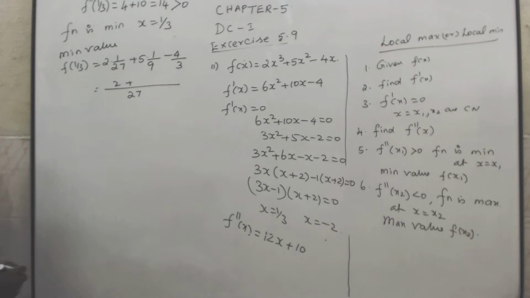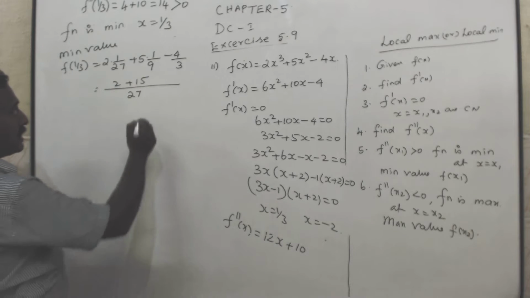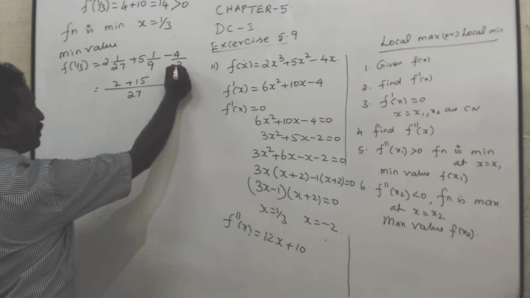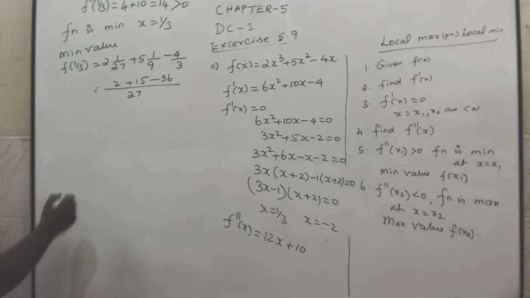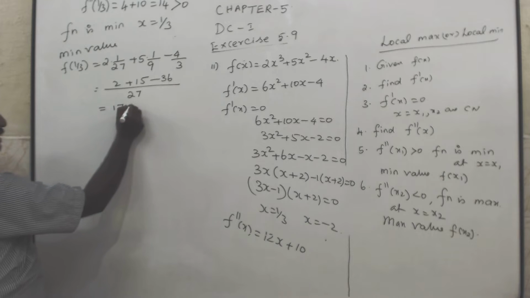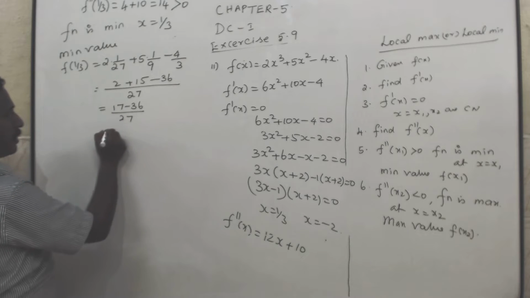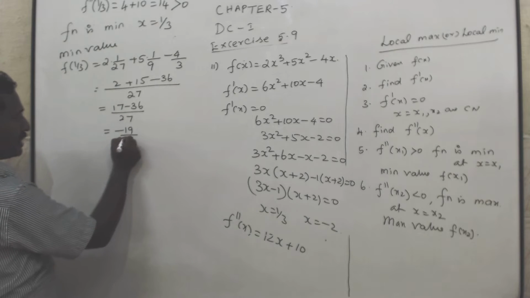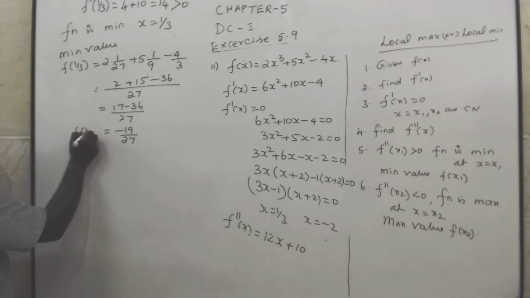How many 9s are 27? 3 9s are 27. That's why 15. 9 3s are 27. That's why 9 4s are 36. 17 minus 36. 17 minus 36 is minus 19. Minus 19 by 27, that is minimum value, f of 1 by 3.